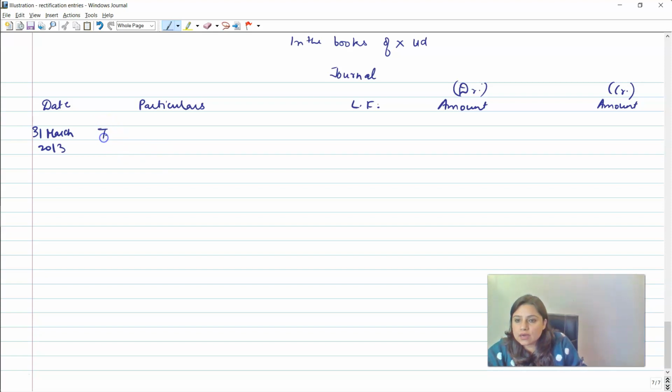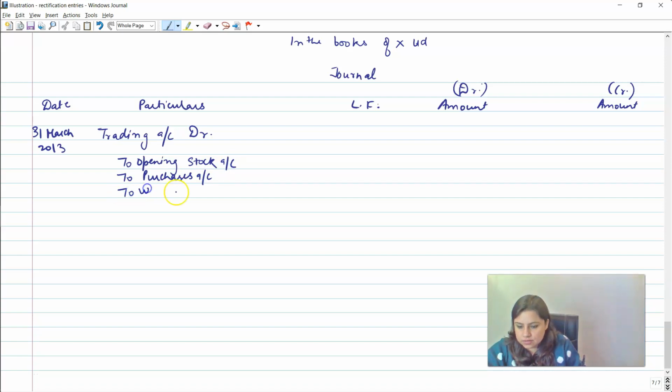So thus trading account debit to opening stock, to purchases, to wages, and to return inward.